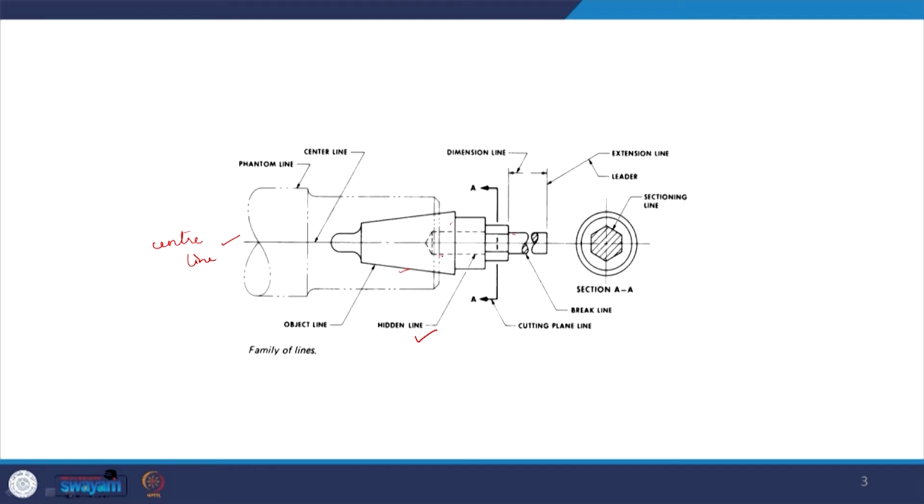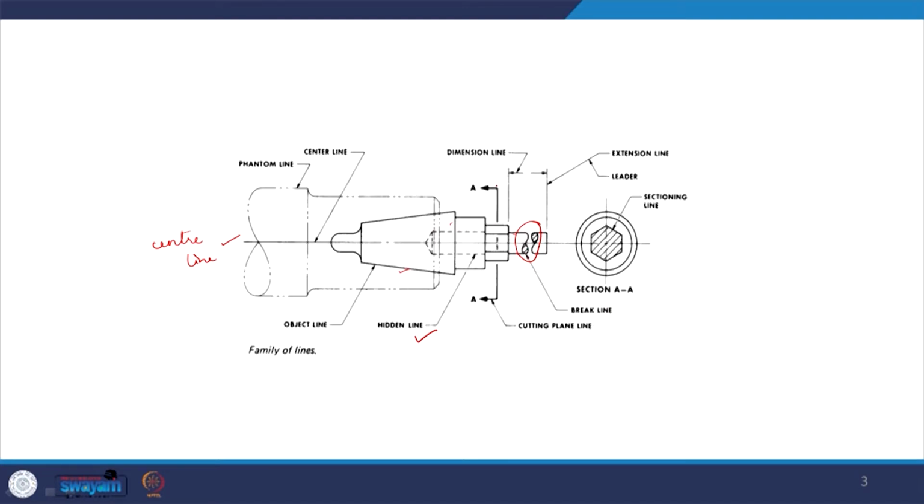If you see the nomenclature, these are equal size dashes, which represent the hidden line here. Now this must be a curved part because we can see the break here. So this is a break line which is used for the curve. Had it been a rectangular or a square part, then we would have used a different break line here.